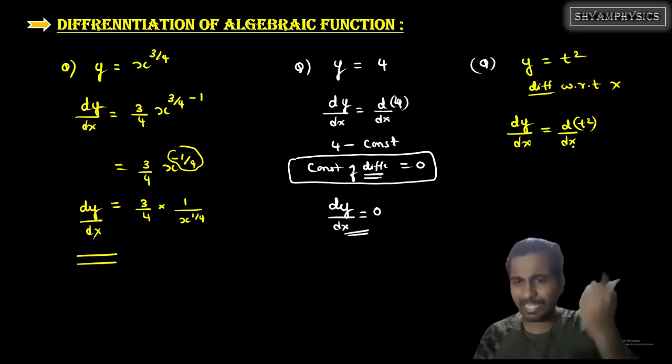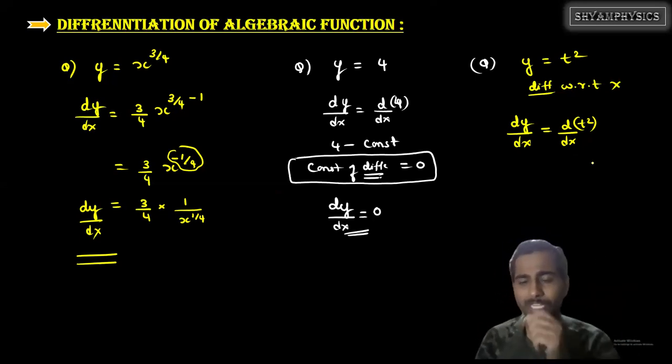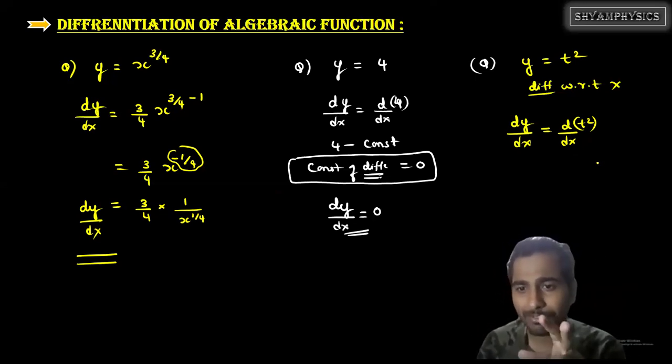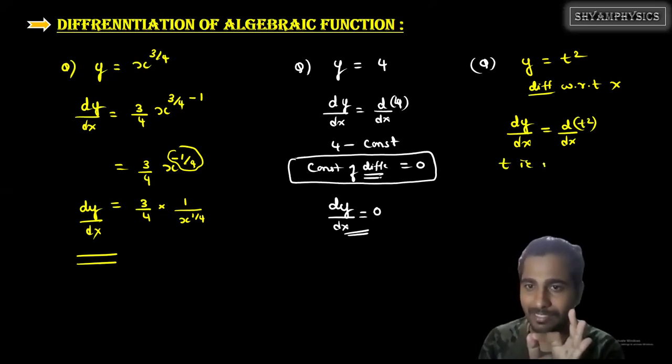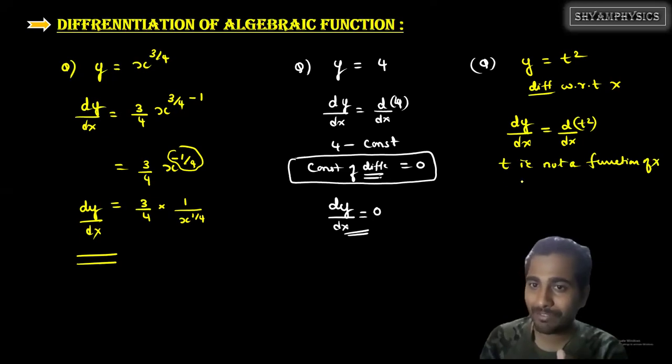T means we can take time, whatever it might be. Now tell me, are these two related? No. Here t is not a function of x. So t we should treat as a constant.